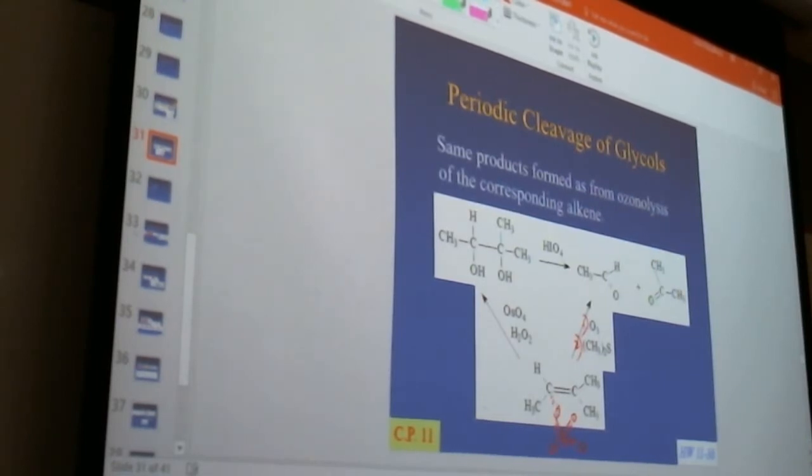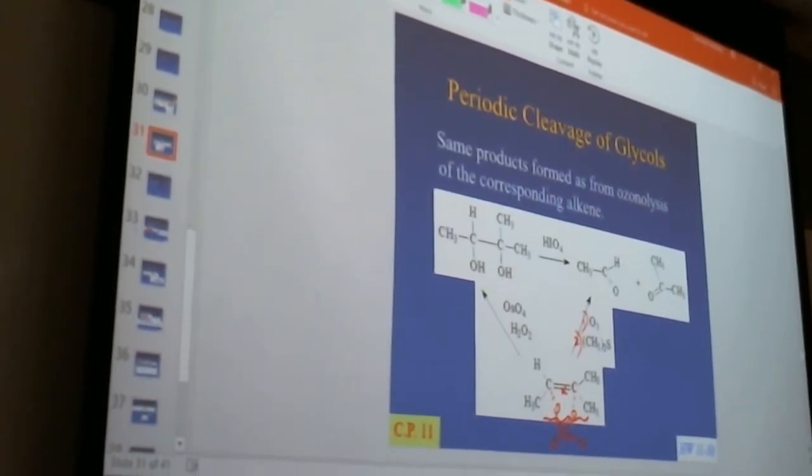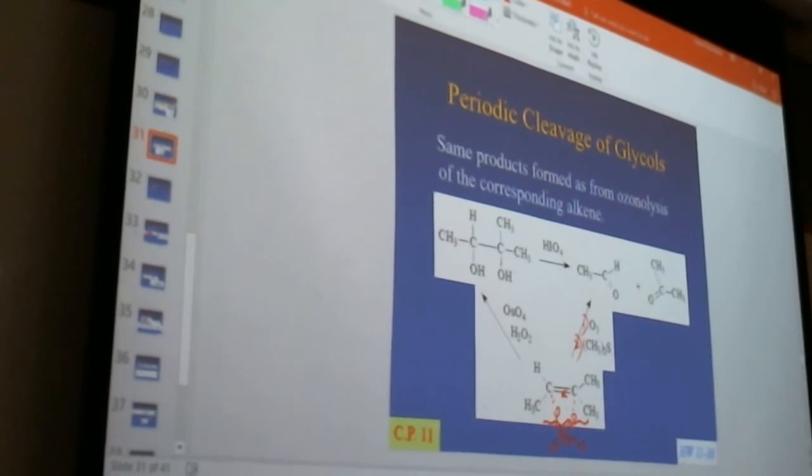And so initially you form again this 5-membered ring intermediate, but eventually you hydrolyze this, break, rearrange electrons, and you end up with this 1,2 diol. It's a cis 1,2 diol. We looked at that in chapter 8.